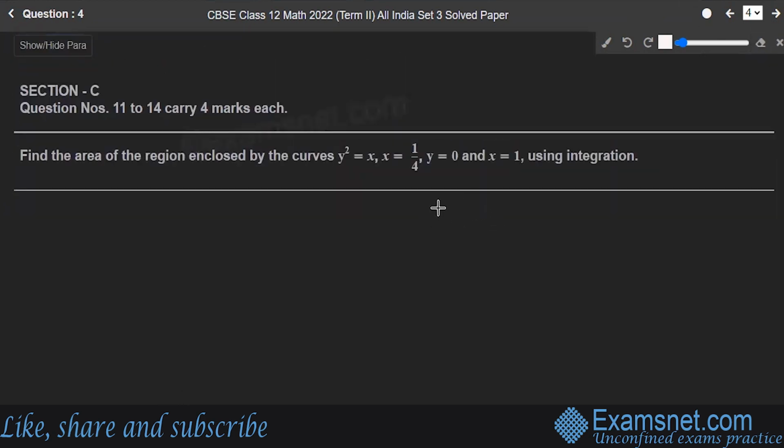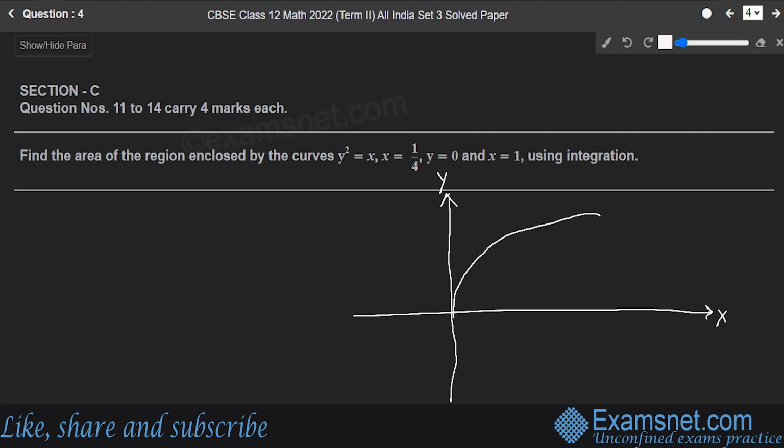Let's make that figure. So here is your y-axis and this is your x-axis. You have to find the area of the region enclosed by these curves. y square is equal to x, so this is the curve.